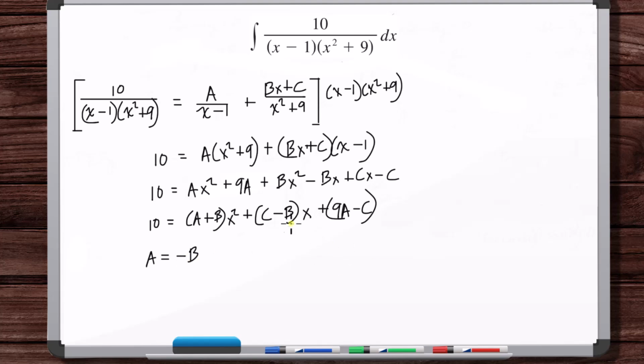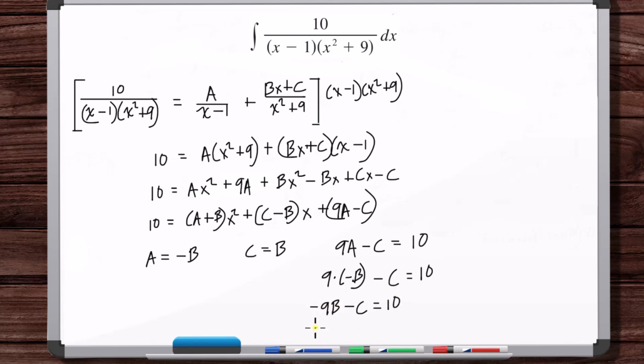Okay, so there's no x squared, so we have a plus b is equal to 0, a is equal to minus b. There's no x term, so we have c is equal to b, and then we have 9a minus c is equal to 10. Okay, a is equal to minus b. But b is equal to c.